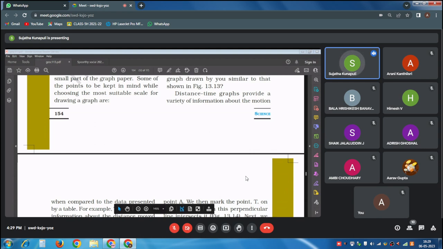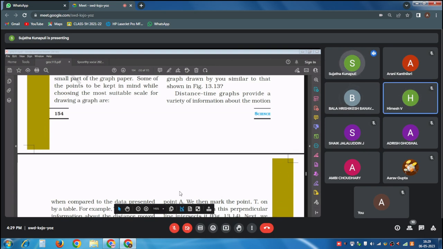Let everyone come back from the vacation, then I will teach these chapters again when school starts. Clear? So this week we will write only MCQs in acids, bases, and salts.